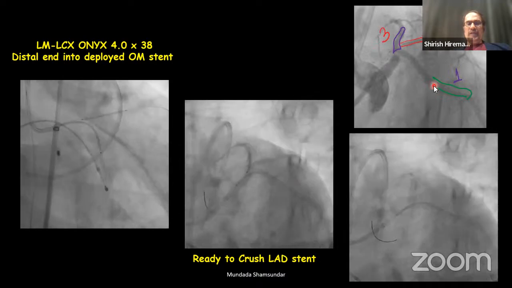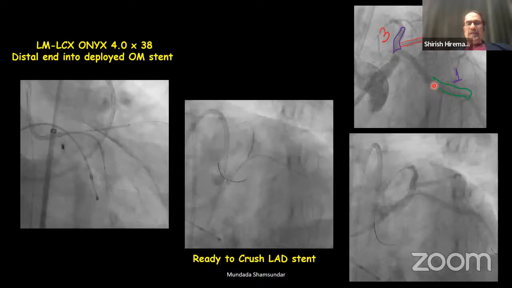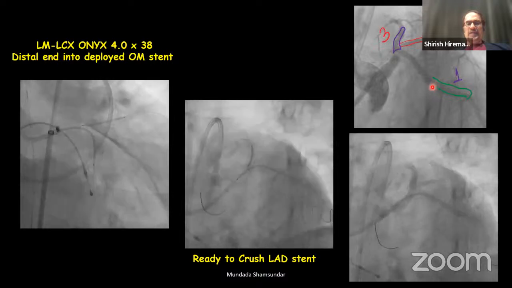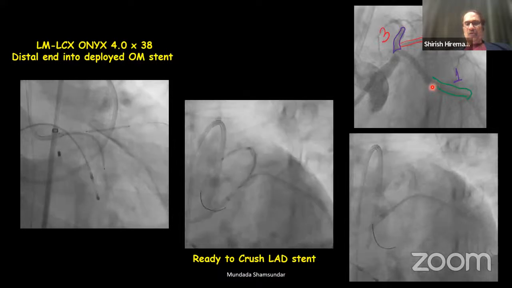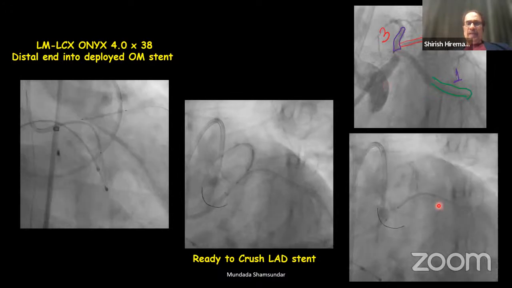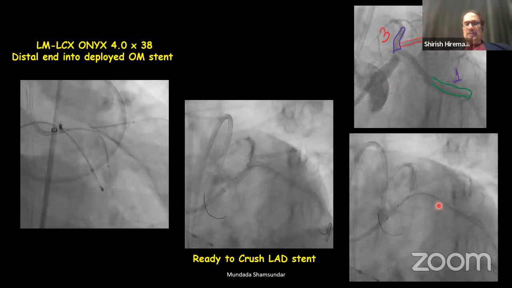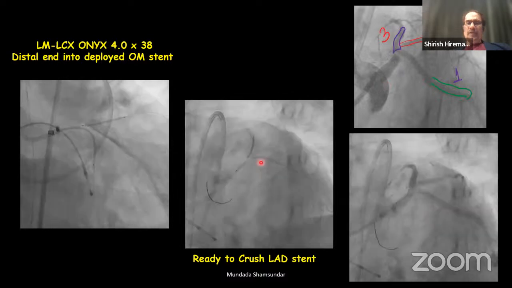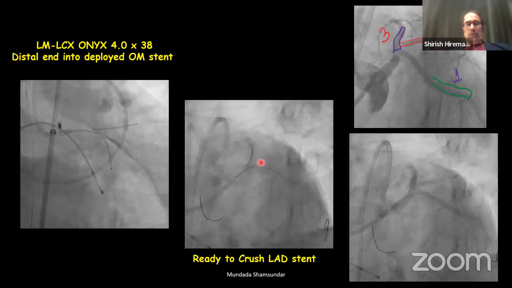The mid circumflex stent was number 1. It was a straightforward stent. Second one was in the diagonal mouth. Third one was at the LAD mouth, and then the stent towards the circumflex. So the left main LAD, left main circumflex stent was the last one to be opened up, and it's a 4.0, so a big diameter stent.